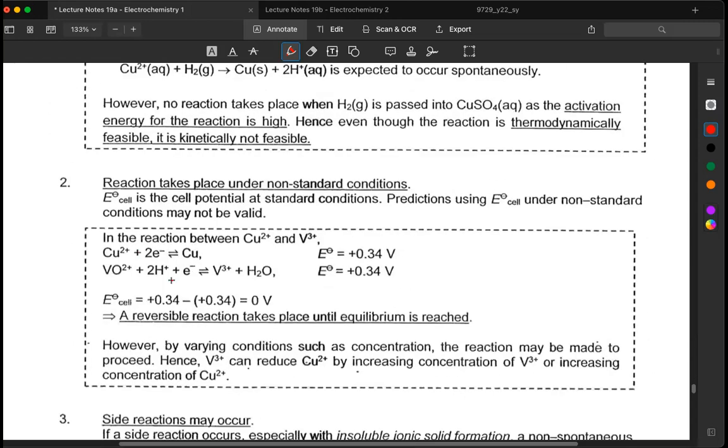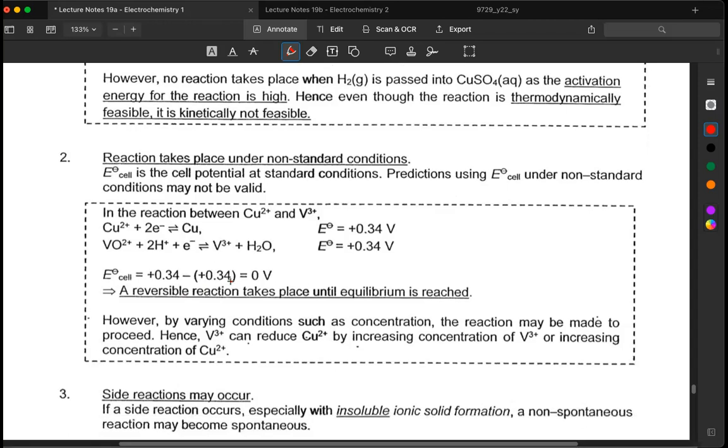Number two, why sometimes based on the E0 cell there should be a reaction, but when I really do it, there is none? Because the calculated E0 is based on standard conditions, but whatever you are carrying out in the lab may not be standard conditions. So predicting with E0 cell under non-standard conditions is not valid.